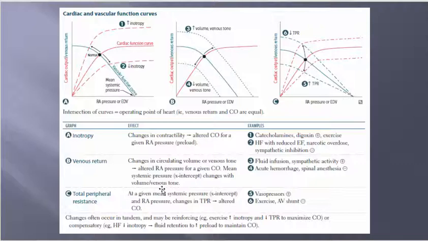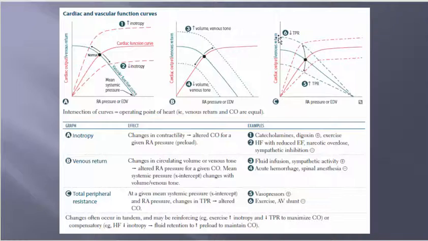The mean systemic pressure, the x-intercept, changes with volume and venous tone. Here you'll see increasing volume, and then the tone plateaus. And then here you have the total peripheral resistance.